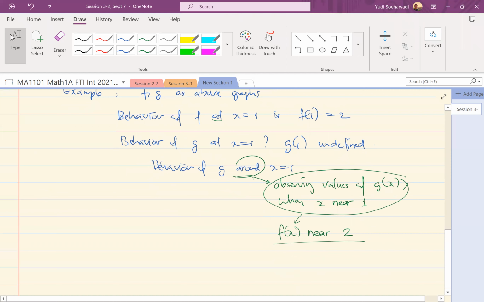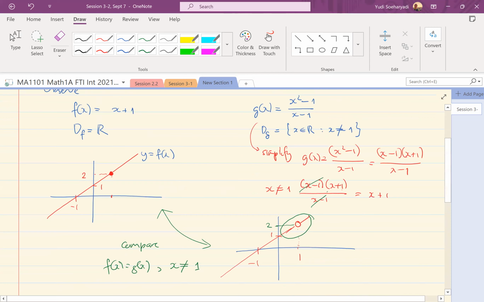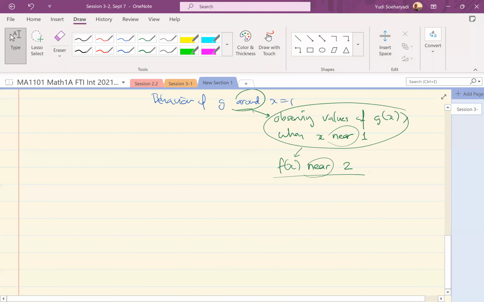Okay. And what we do here, the term near or something, that's quite relative. So we would do some approximations. Okay. So this is the idea of the limit, actually.